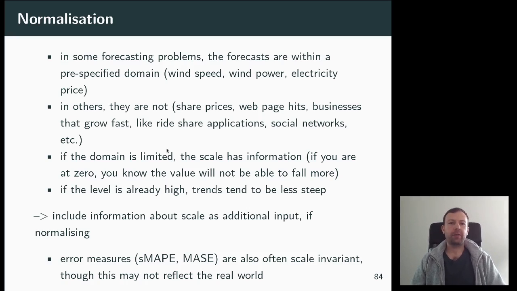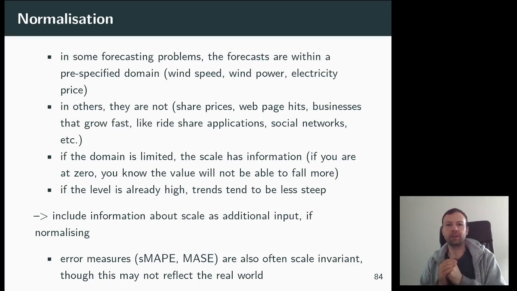Also take into account that if the domain is limited, the scale actually holds information. So by normalizing, you lose information. For example, with wind speed, if you have 0 wind speed, you know that in my prediction the value can only be the same or higher, it can't go down.